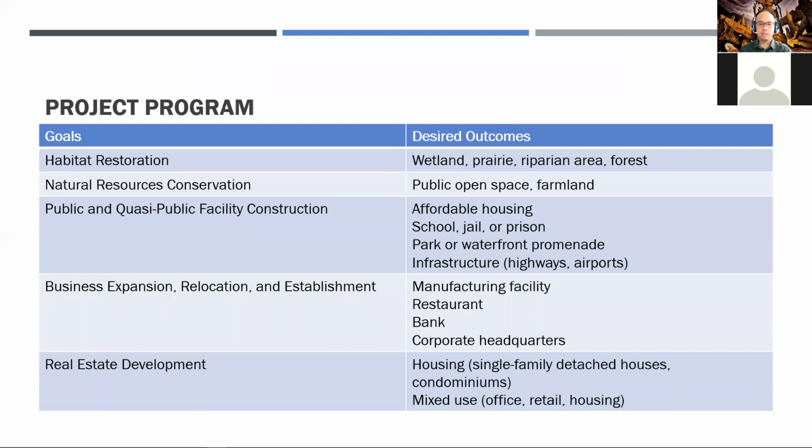Site selection can be defined as an optimization process conducted for many purposes, including real estate development, plant and wildlife habitat restoration, farmland protection, and public open space acquisition, as the table in front of you demonstrates.